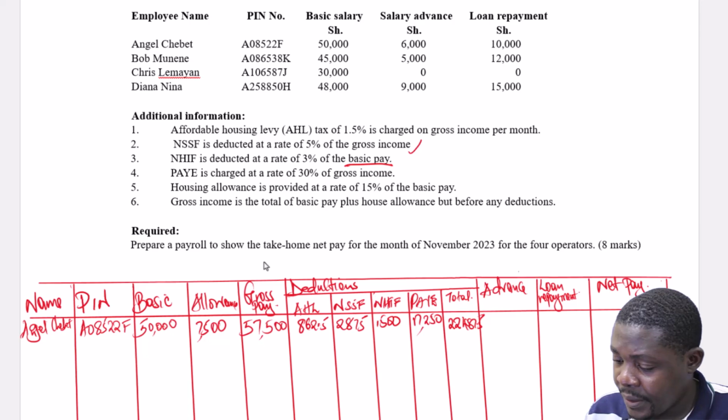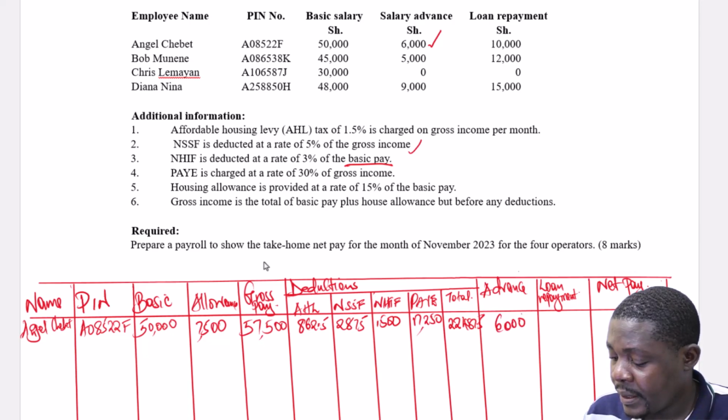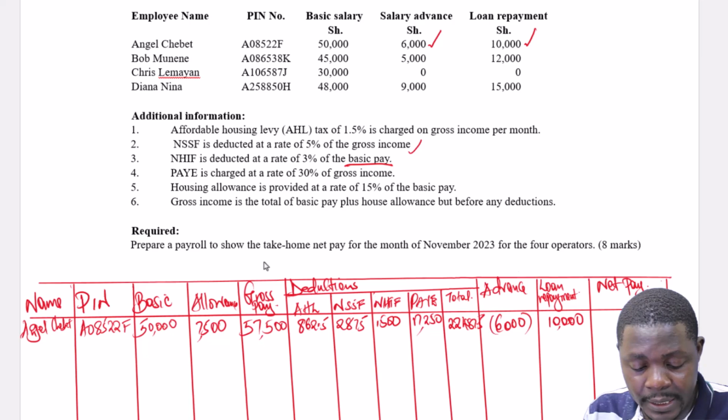But you are also told that Angel took an advance of 6,000. And then she also paid a loan of 10,000. And in that case, we are taking 22,487.5 plus 16,000.